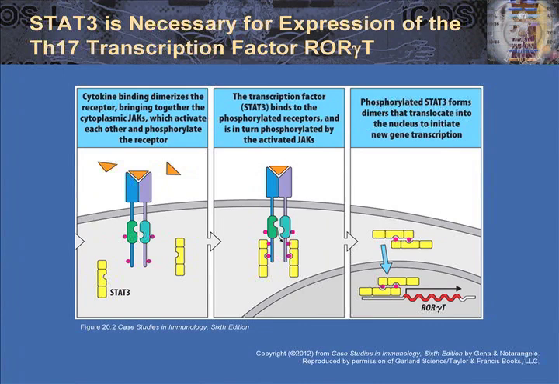The transcription factor STAT binds to the phosphorylated receptors and in turn is phosphorylated by these activated JAKs. The STAT proteins then form dimers that translocate into the nucleus and initiate transcription of this transcription factor, ROR-gamma-T. So without STAT3 activation via IL-6, you actually block the production of ROR-gamma-T and you do not get development of Th17 cells. So that's how Th17 cells develop.